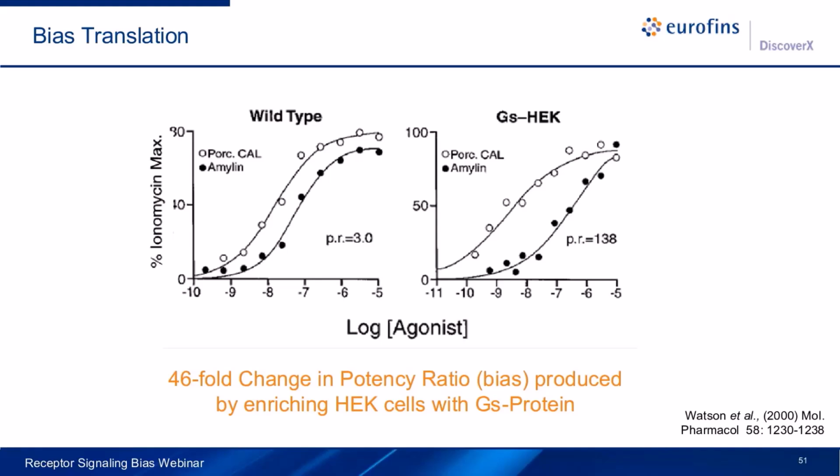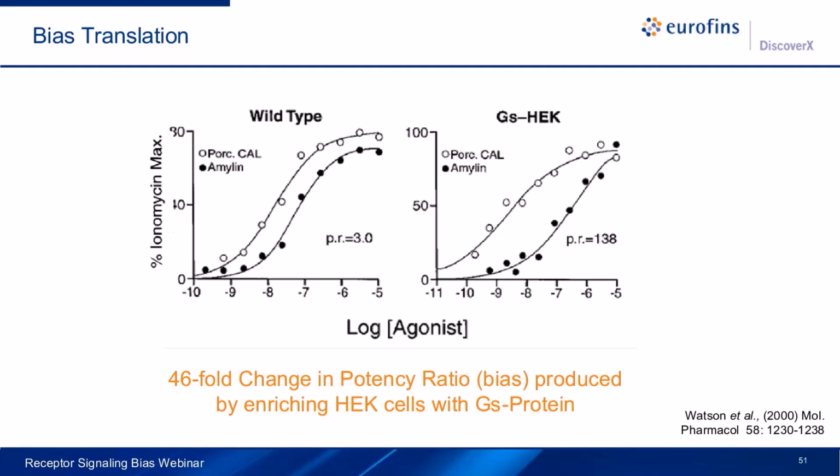Now, these compounds are differently biased towards cyclic AMP over other signals. Well, when we enriched GS, we selectively increased the activity of porcine cal over amylin. So just changing the cell type changed our bias, and changed it by 46-fold.